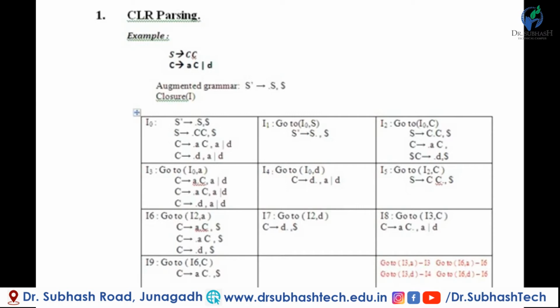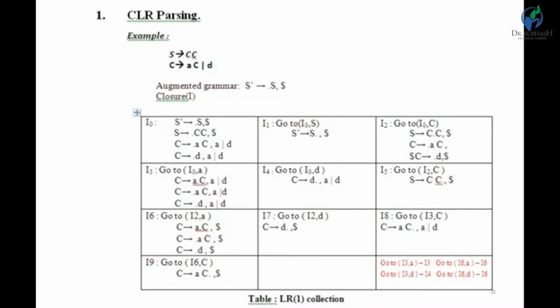So first you have to convert the given grammar into an augmented grammar. We convert it into an augmented grammar to indicate to the parser when it should stop parsing and announce acceptance of the input. The given grammar is S gives C C, C gives a C or d.